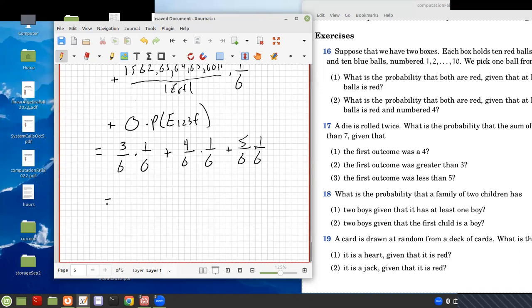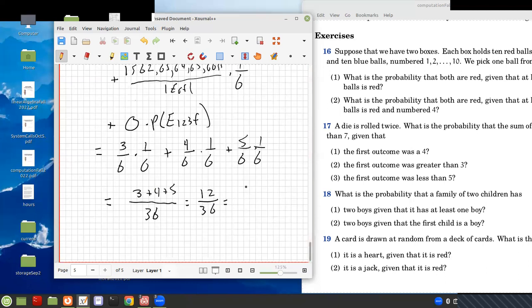So that's sort of like 36 for 3 denominators. So we're going to have 3 plus 4 plus 5 over 6 times 6, which is 36. So 4 plus 5 is 9 plus 3 is 12 over 36.